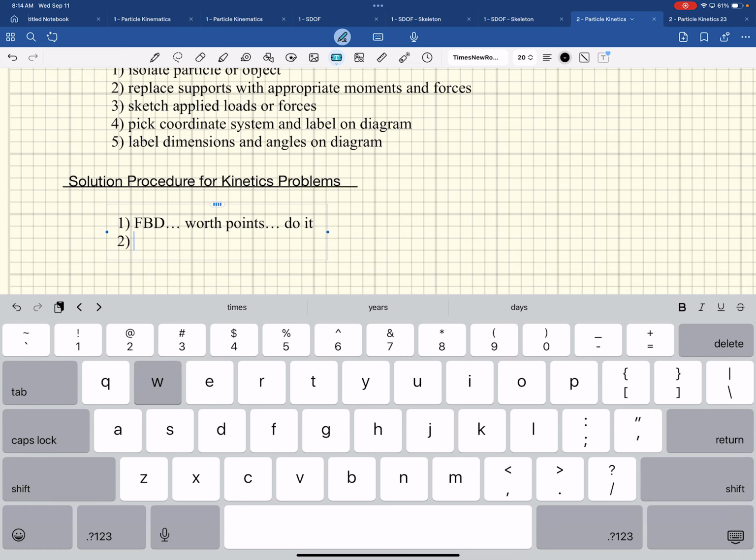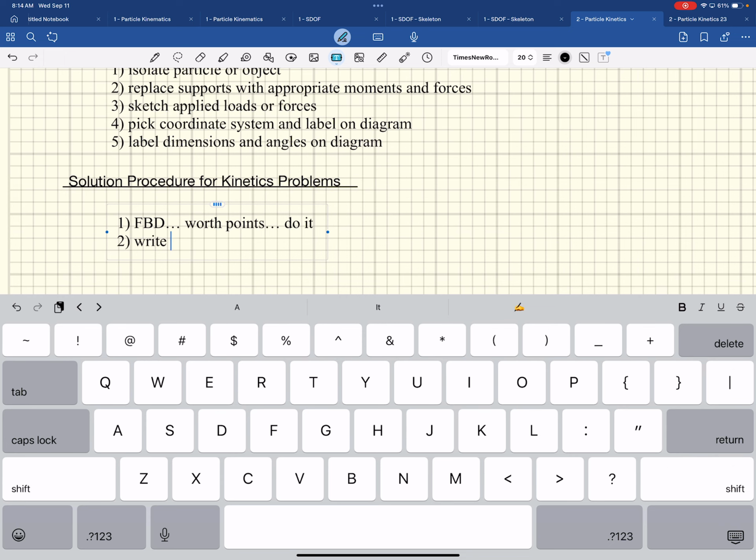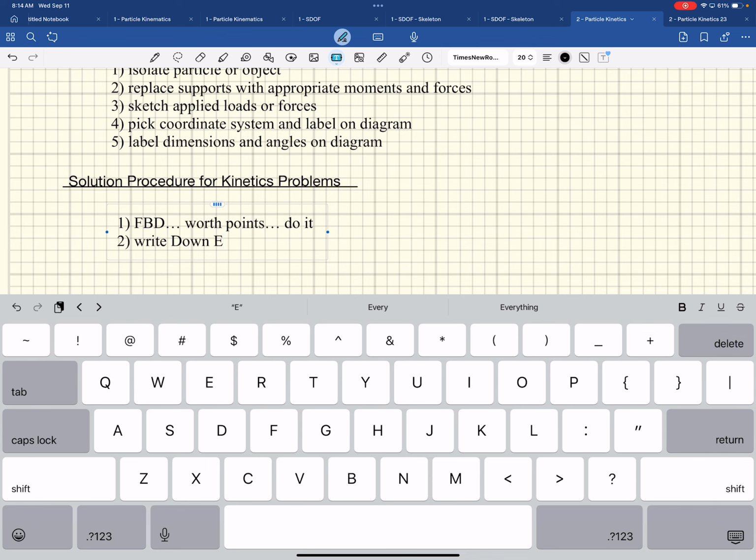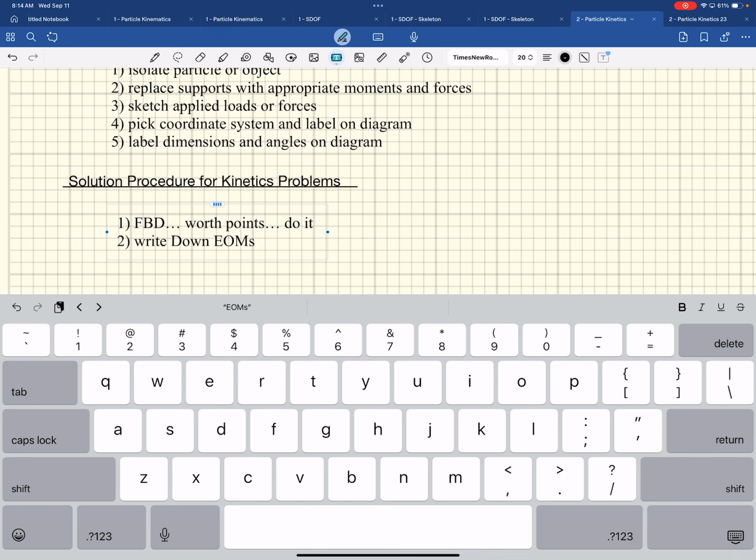Then you're going to write down the equations of motion. In this case, there's going to be 3 equations of motion. And then we're going to do kinematics as required.